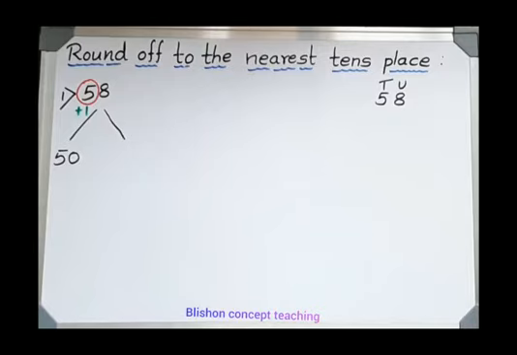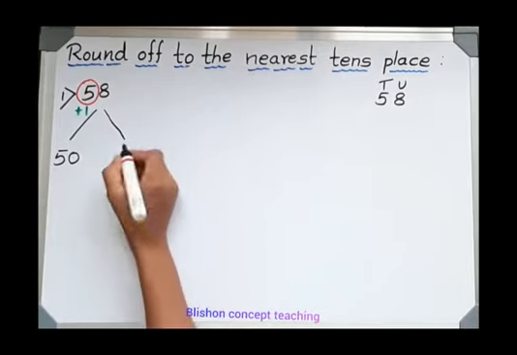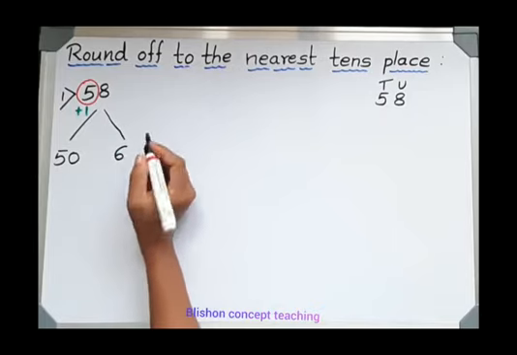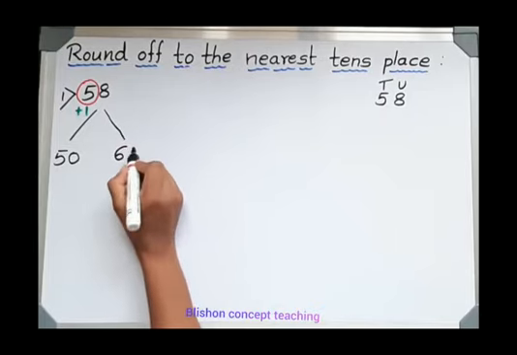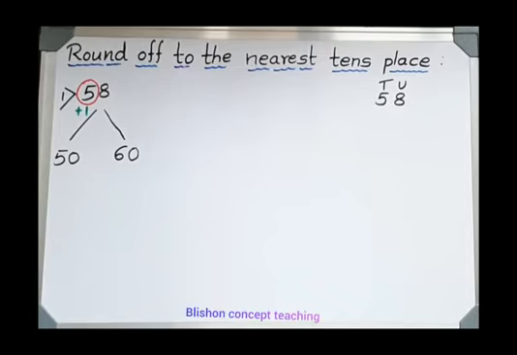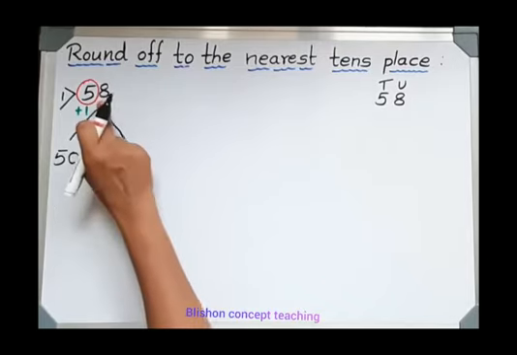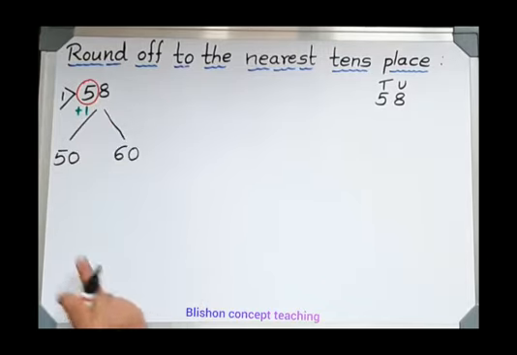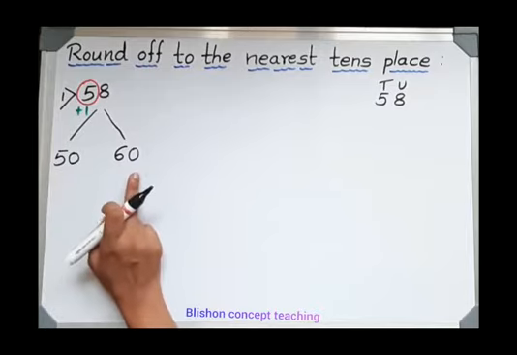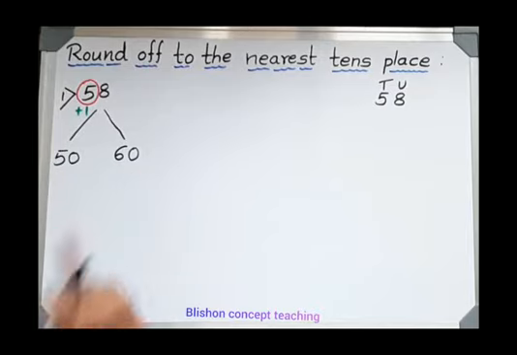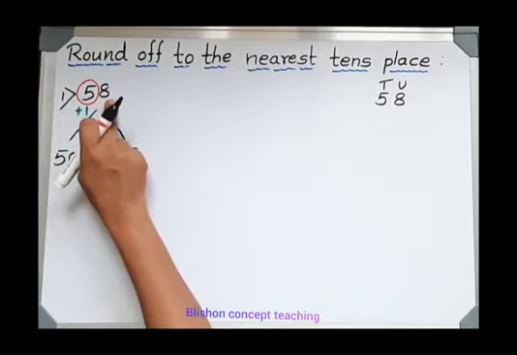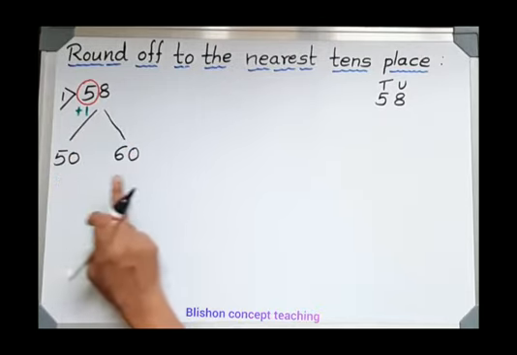Then 5 plus 1 is 6. And the next digit I will put 0. It means that 58 lies between 50 and 60. Now we have to find out whether 58 is nearest to 50 or 60.